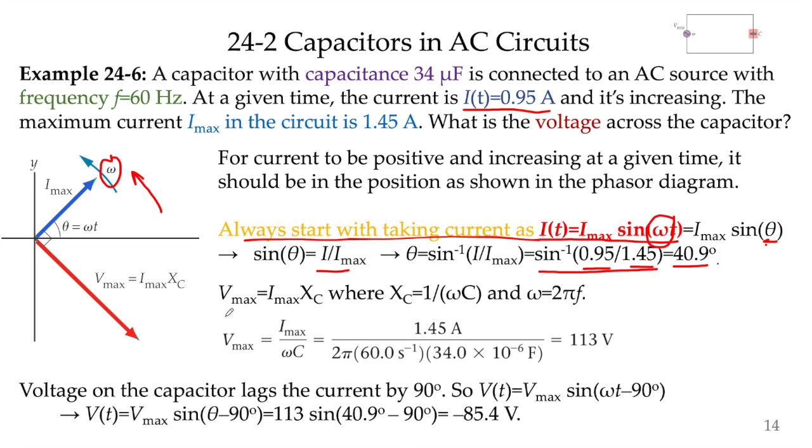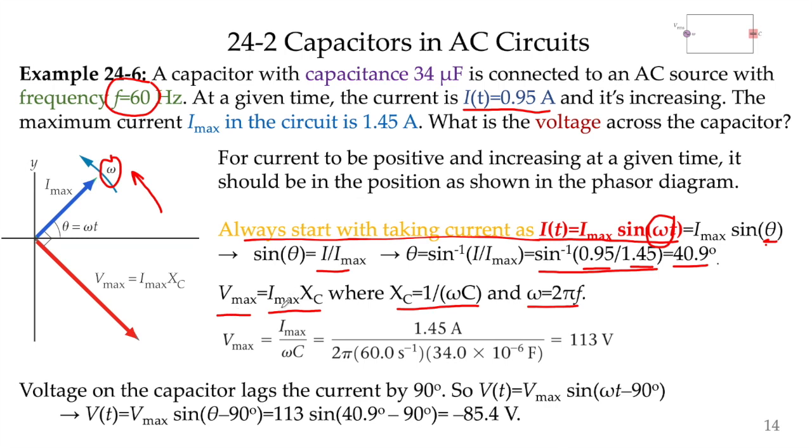Now I can calculate the maximum voltage. I'm going to multiply the maximum current by the capacitive reactance. If you remember, the formula is 1 over omega times C, and omega is 2 pi f, the frequency. That frequency is here 60 Hertz.